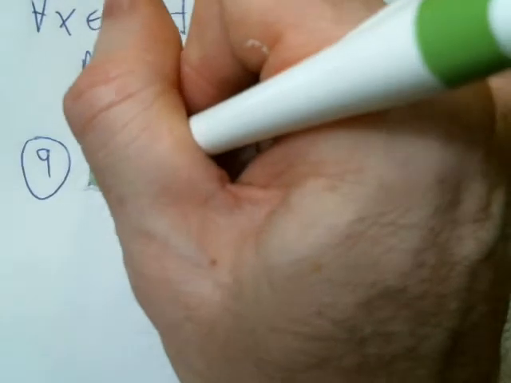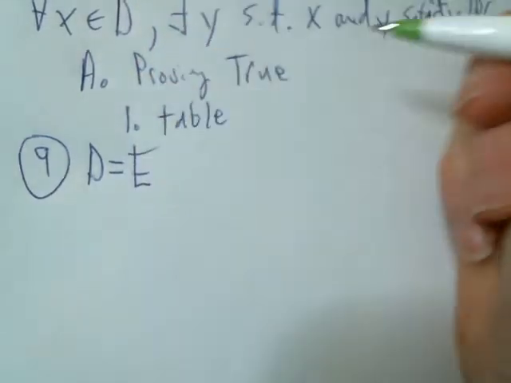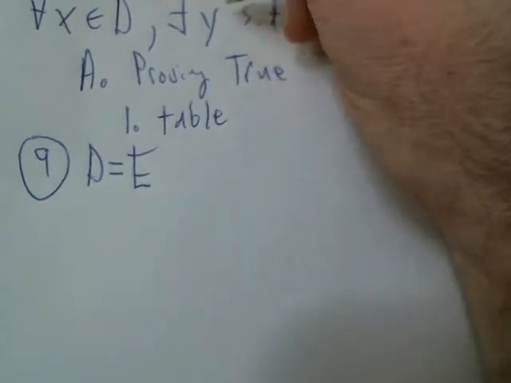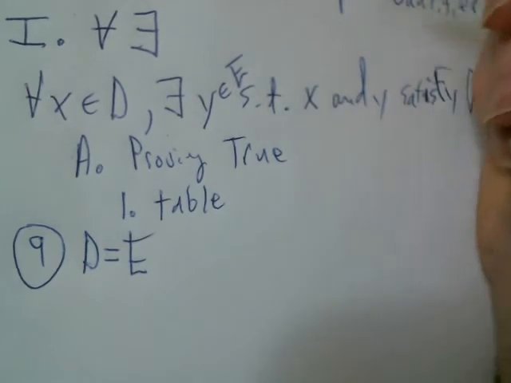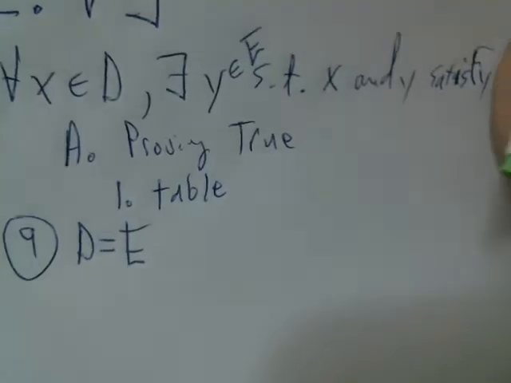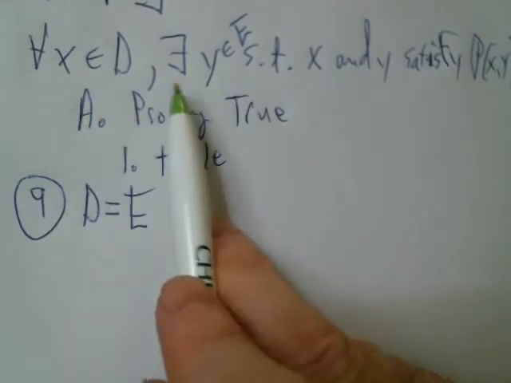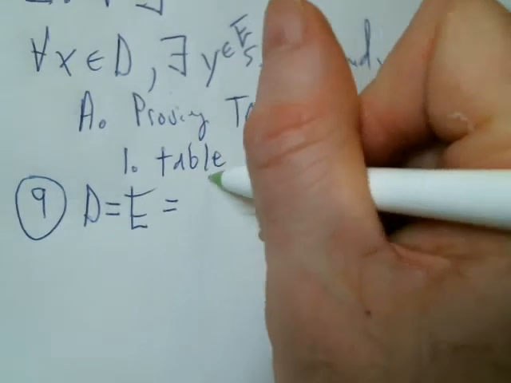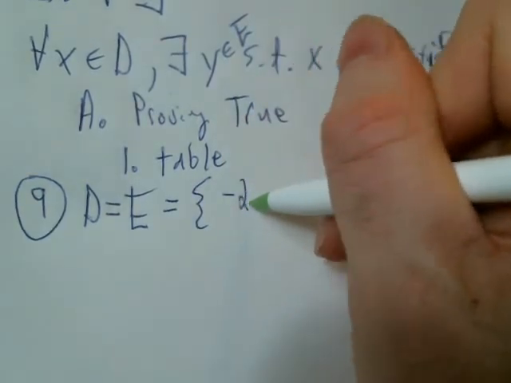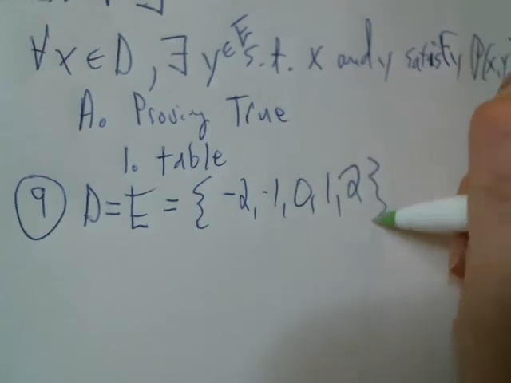So number 9, D is equal to E. So maybe in this statement I should say there exists a y in some other domain E. Okay? So in this case, both this D and this E for the x's and y's are the same. So D equals E, and it's a finite list of numbers: -2, -1, 0, 1, 2.